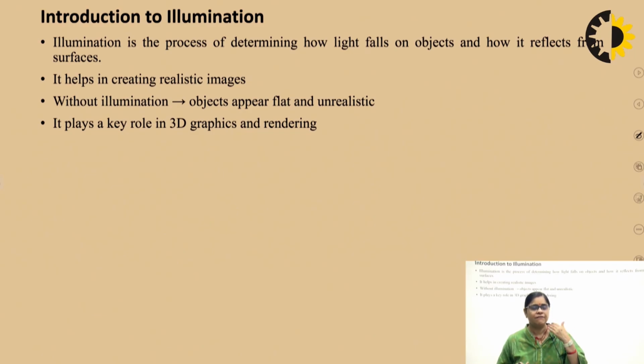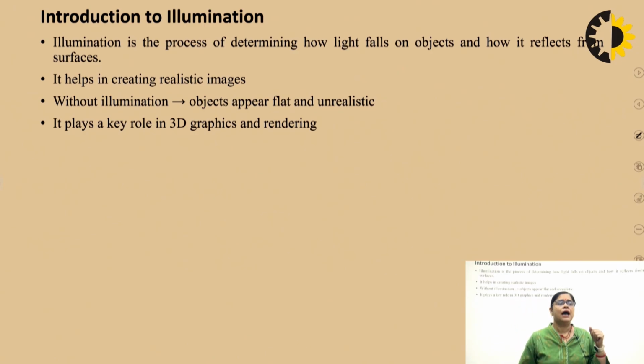According to physics, if light rays fall on a flat surface, they always reflect from the surface and an image is created. So due to this method, we are able to create realistic images.